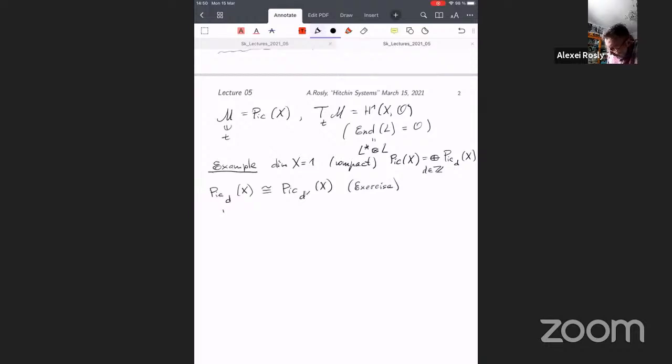And each of them is the same as a Jacobian, as complex manifold. So this holds for complex manifolds.